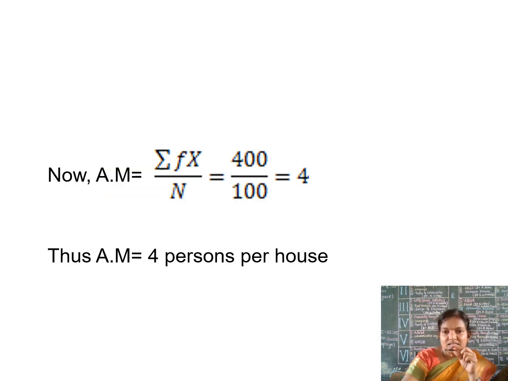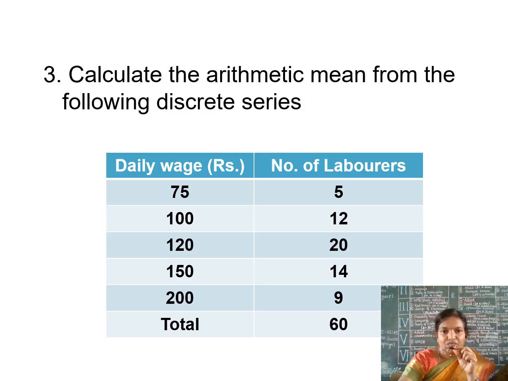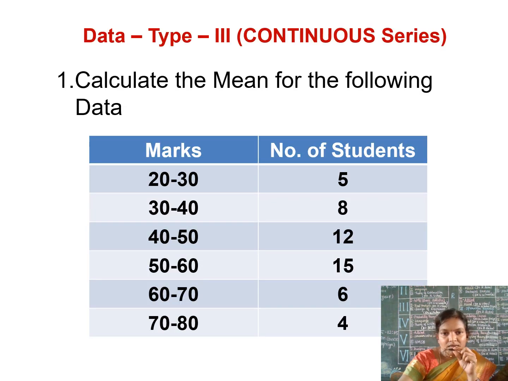In the next slide the formula is summation Fx by N: the third column total divided by the second column total. The second column is the total of the frequencies. You just simplify this. It will be 4. 4 is the arithmetic mean for this question, that is, 4 persons per house. Another question is also there.